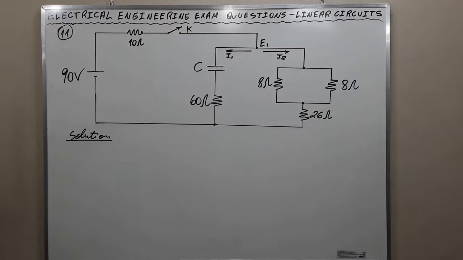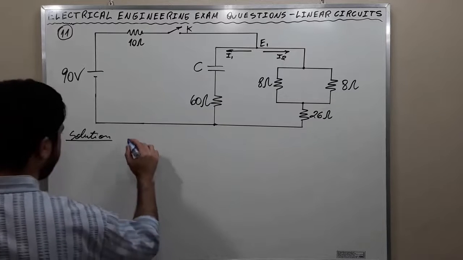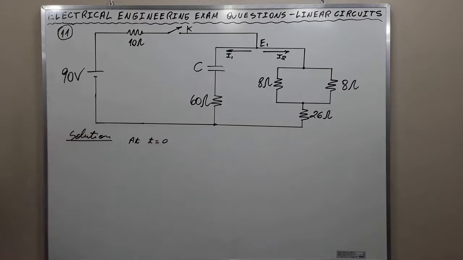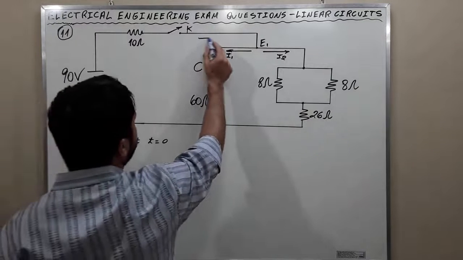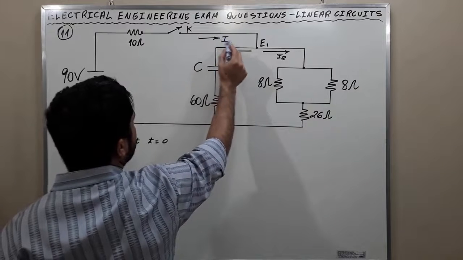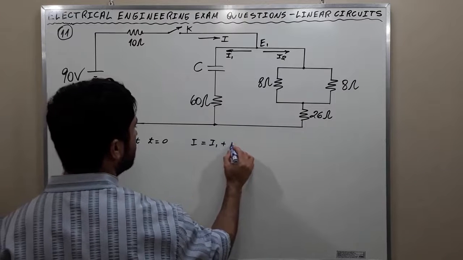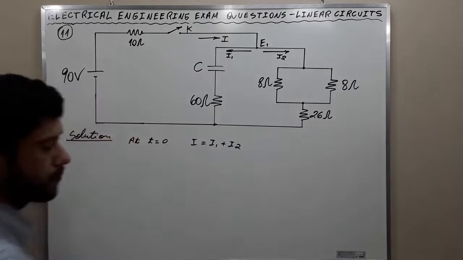At t equal to 0, immediately after the switch is closed, the capacitor behaves as a short circuit. Okay? Then this current here, I is equal to I1 plus I2.